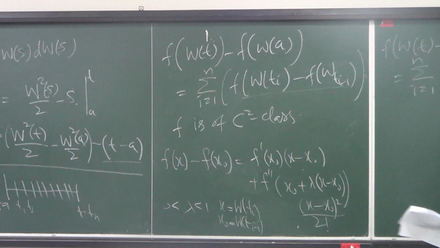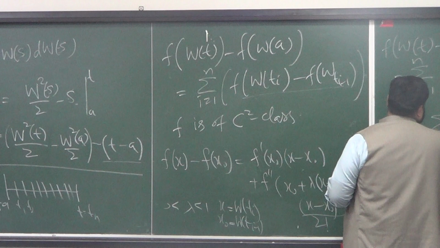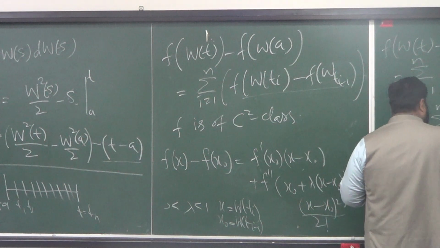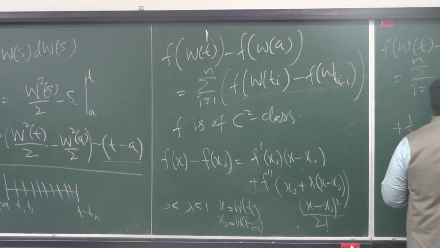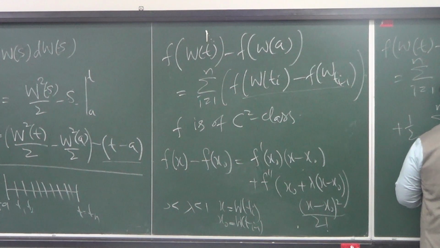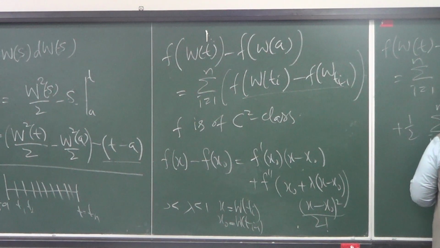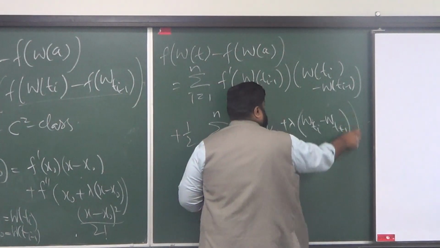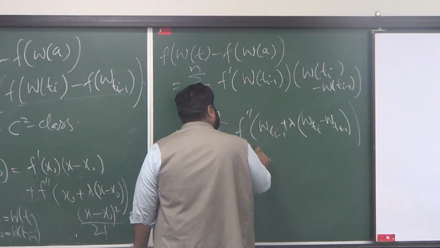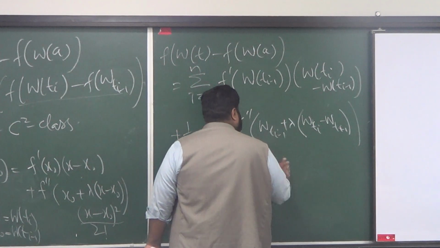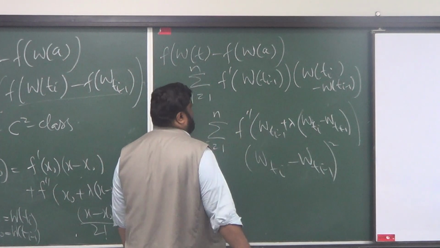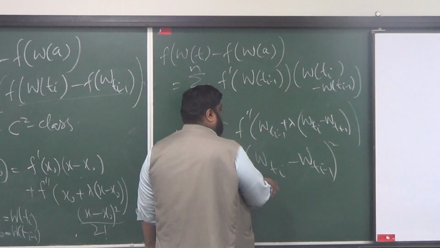So that would be the first term, plus 1/2 times the sum, i equal to 1 to n, of f double prime of W of t_{i-1} plus lambda times W of t_i minus W of t_{i-1}, times W of t_i minus W of t_{i-1} squared.